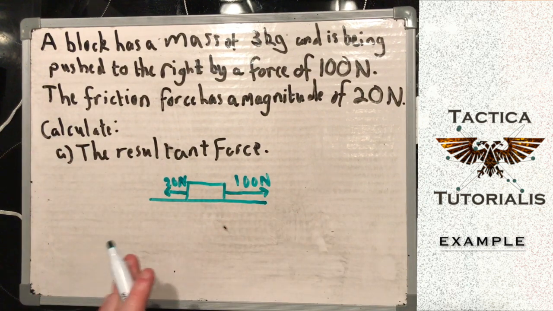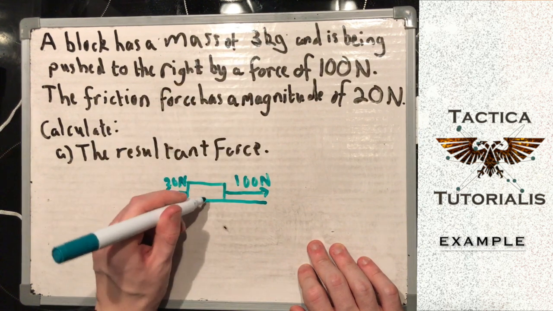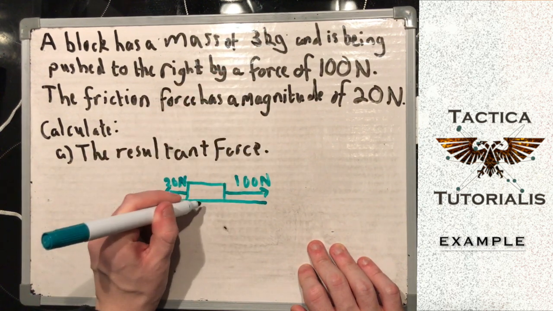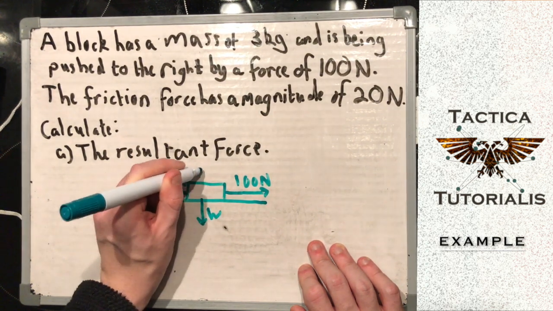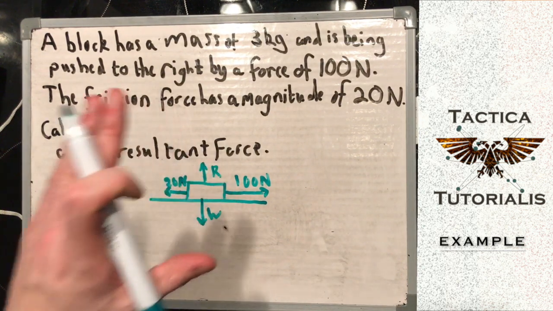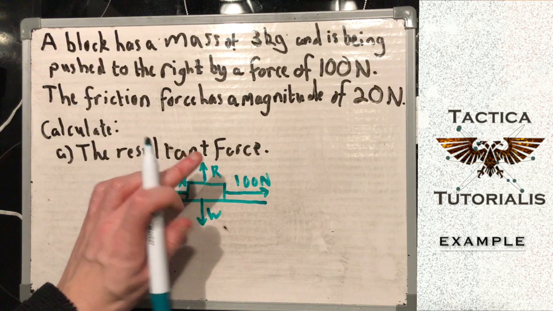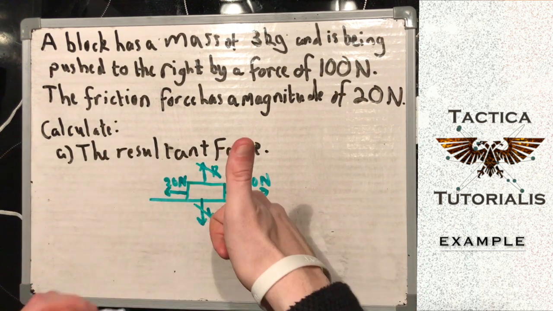However, this is not a complete diagram. The object has mass, so it has a weight. And I know, I could work out it's about 30, but I'm not going to draw it. I'm just going to label it W and have my reaction force equal and opposite, because it doesn't actually matter for those two. Because those two are equal and opposite, they're going to cancel out, that's all good.